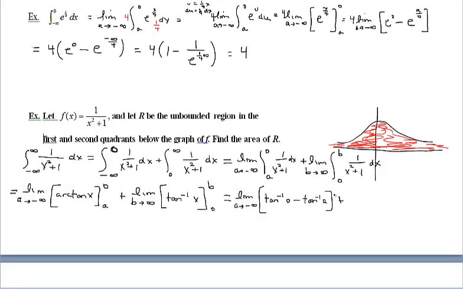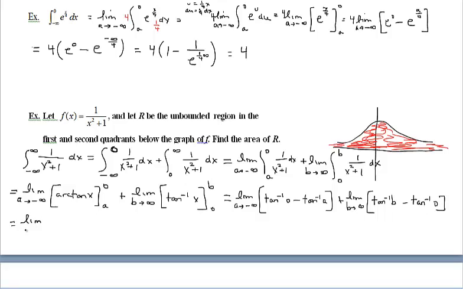Plus arctan of b minus arctan of 0, or inverse tangent of b minus inverse tangent of 0. Hopefully everything's in order there. I'm going to wrap it back down here to the left in case I need more space. So now, what angle has a tangent ratio of 0?